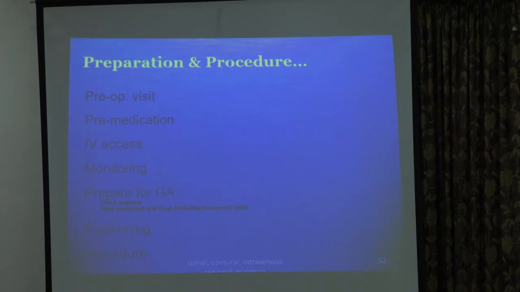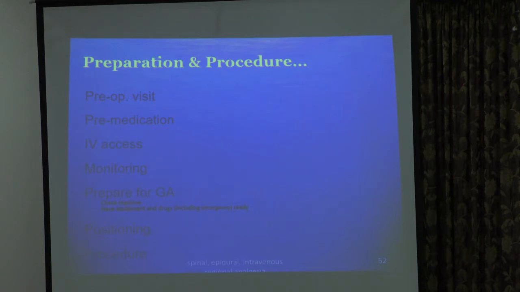Good. And then, if you are going to do a spinal, prepare to do general anesthesia. If you cannot do general anesthesia, you have no business performing a spinal in a patient.